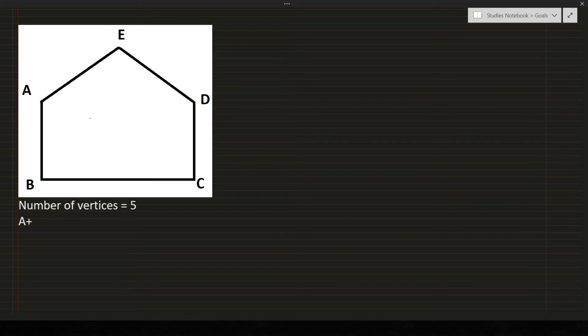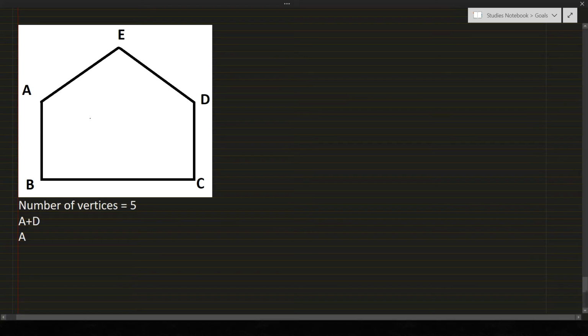It would be D and C, because the adjacent vertices of A are E and B. The non-adjacent vertices are D and C. So A plus D or D plus A.